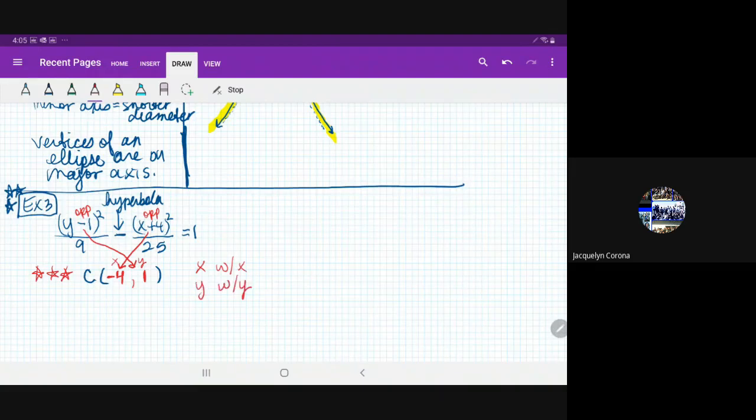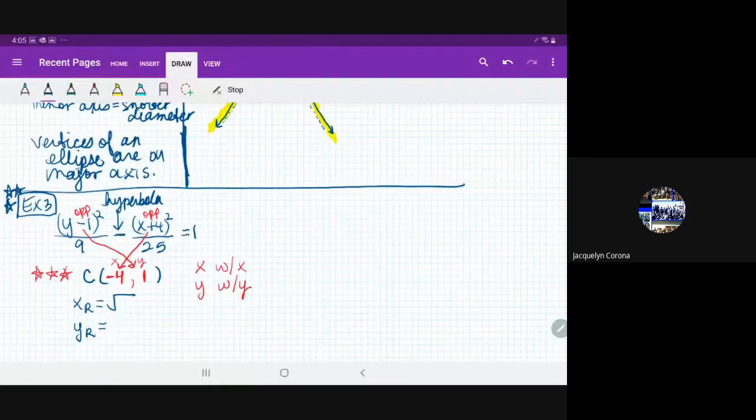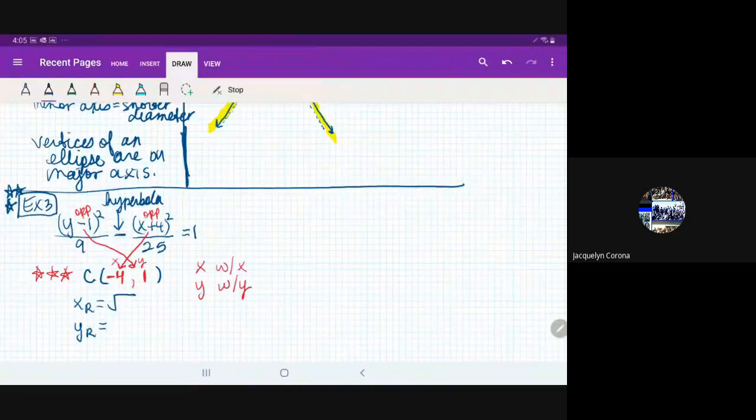So if I want the x value of the radius and the y value of the radius, it's like the radius of that box. Not really the radius of the shape, but it's the radius of the box. I take the square root, but for x radius, what's the number underneath the x term? So can you type in the answer of what's underneath the x term?